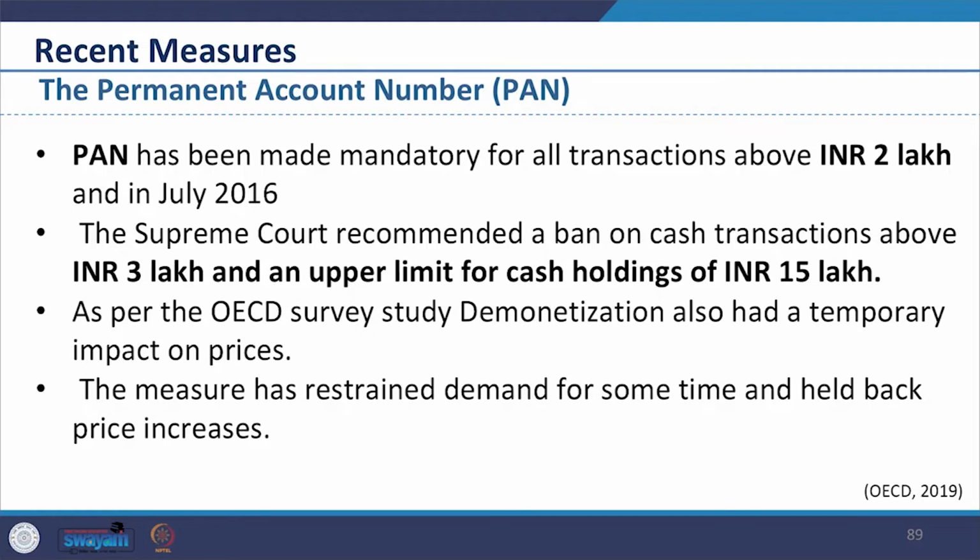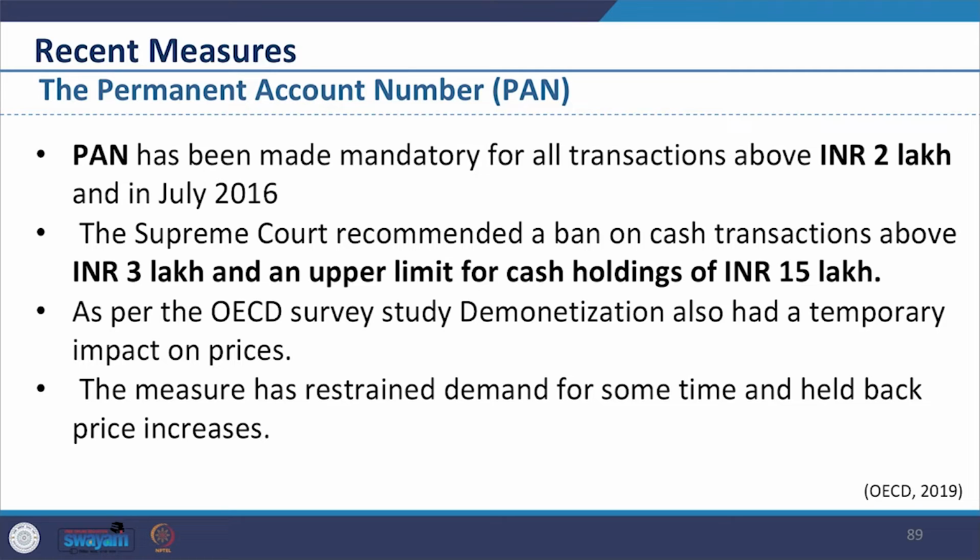Now, we also look at other measures to regulate the housing issues, which the government has taken. The Permanent Account Number, PAN, has been made mandatory for all transactions above 2 lakh rupees. And in July 2016, the Supreme Court recommended a ban on cash transactions above 3 lakh rupees and an upper limit for cash holdings of 15 lakh rupees.